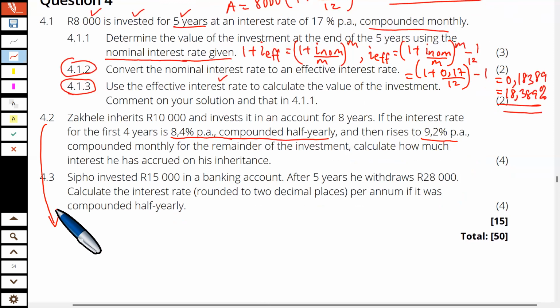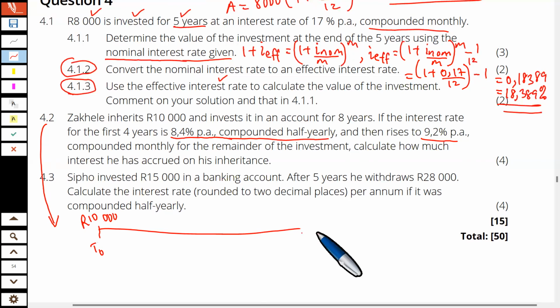If the interest, so you see, the minute they mention some years, it helps to draw a timeline like this. And then you write on time zero here at the beginning. So Zakele inherits 10,000 rand, so the 10,000 rand is there at the beginning. And invested in an account for 8 years, so this is up to 8 years.